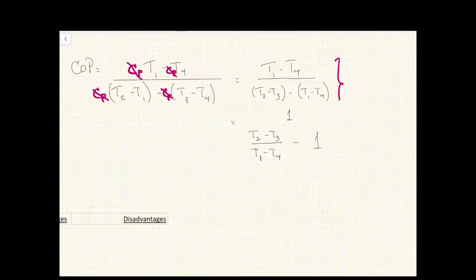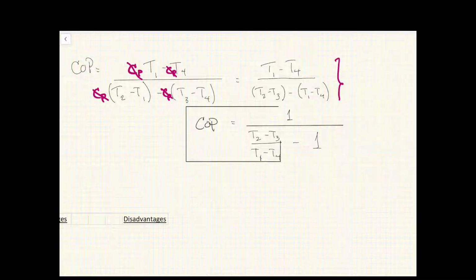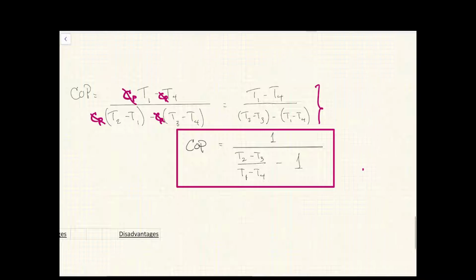Put a nice straight line here and box that one up too, because this gives us the final COP for a perfect gas in terms of the important temperatures in the cycle. Voila. Put that one back in there like before. Okay, so those are our two relationships for COP, whether we want to model them as ideal gas or as real gas.